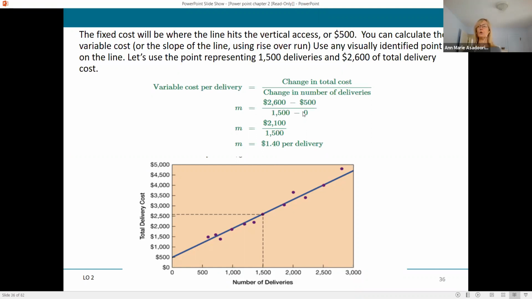And if you take the change in your cost over the change in your activity or your volume, what you get is $1.40 per delivery. Right. So within this relevant range here, then I can expect every time somebody makes a delivery, it's going to cost an extra $1.40.